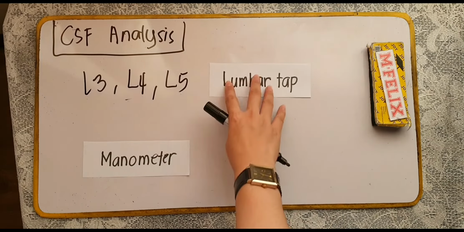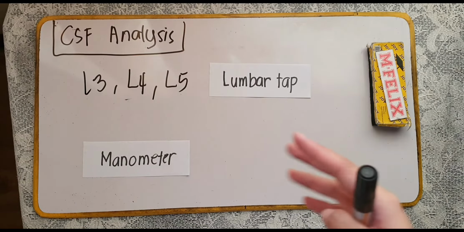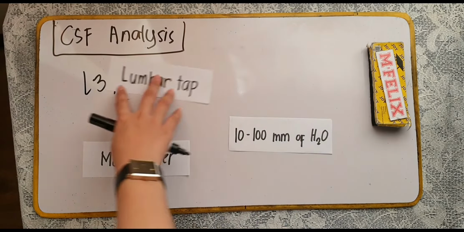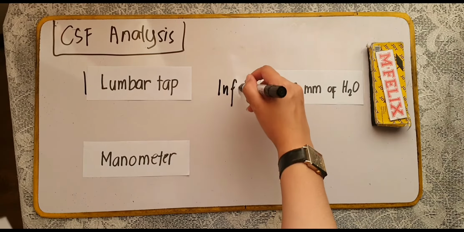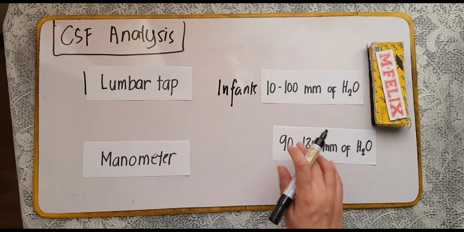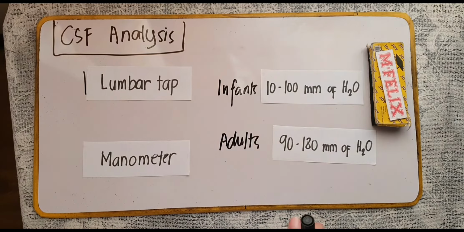Okay? Now, the normal intracranial pressure among the infants is usually 10 to 100 millimeters of water. And then, for the adults naman, it is usually 90 to 180 millimeters of water.